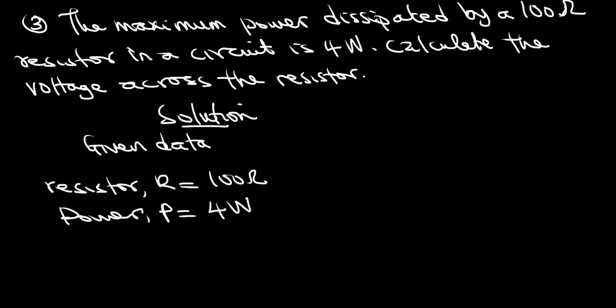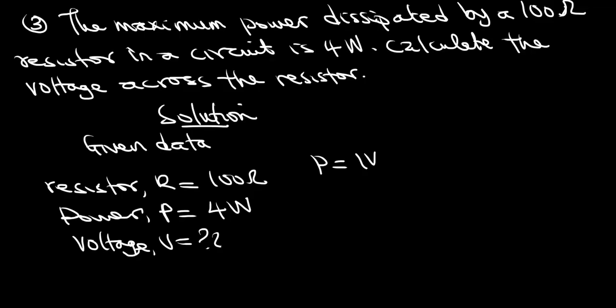Then from here, we want to calculate the voltage across the resistor. Voltage V is unknown, and we know that power is equal to IV.